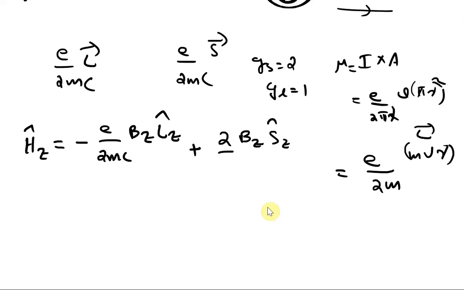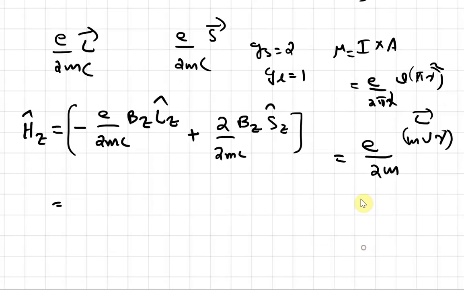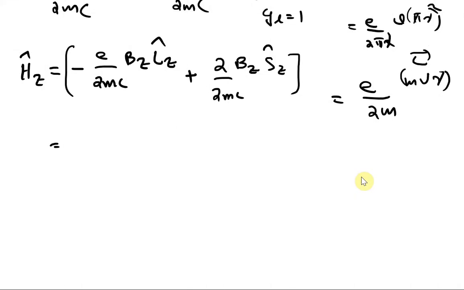divided by 2mc. So this is an interaction term, and I can just modify that expression slightly into minus e divided by, okay, this is also minus only, e by 2mc multiplied with the Bz Lz.